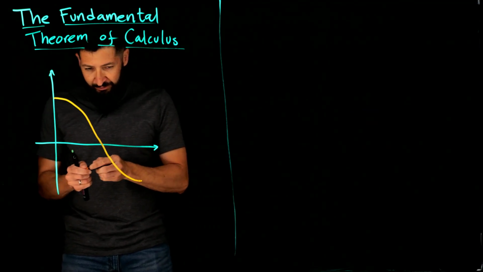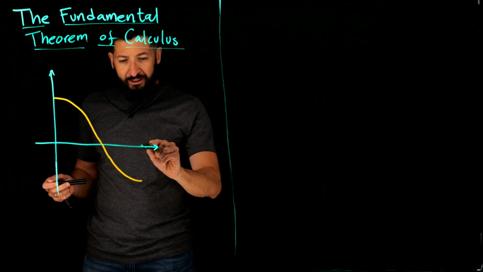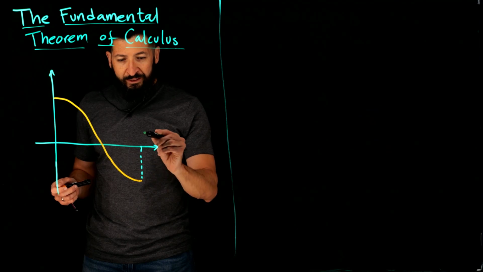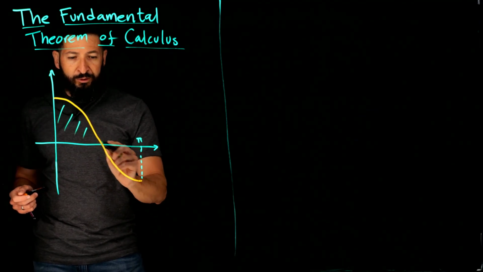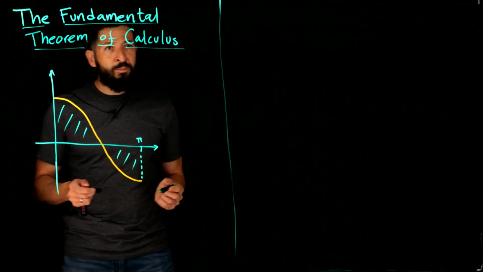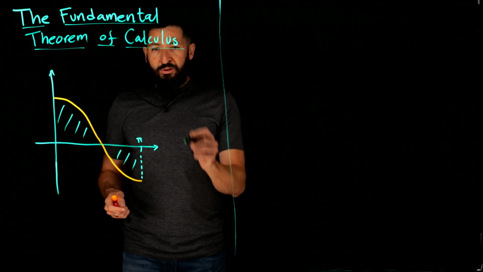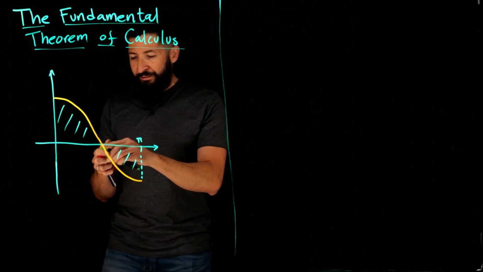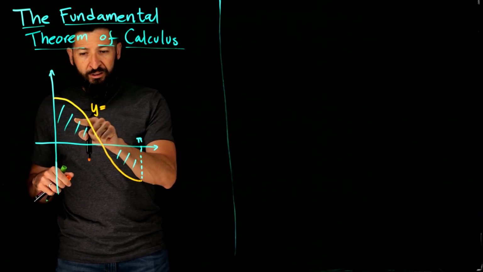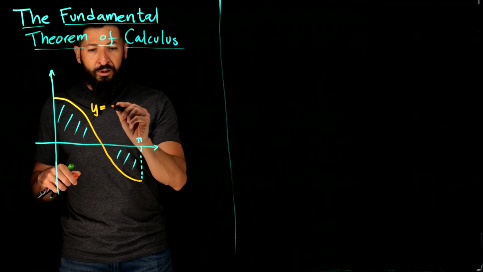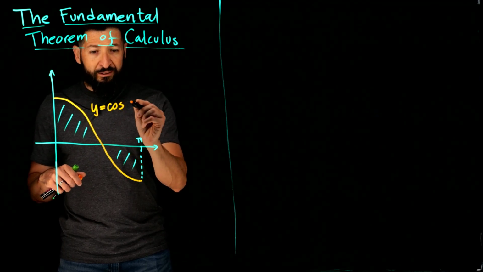Not very symmetric. But let's try to find out the area of the shaded region. Now, you know there's symmetry here, so if you just do the fundamental theorem of calculus and integrate the cosine from 0 to pi, you would get 0 because this is a positive area and this is a negative one.